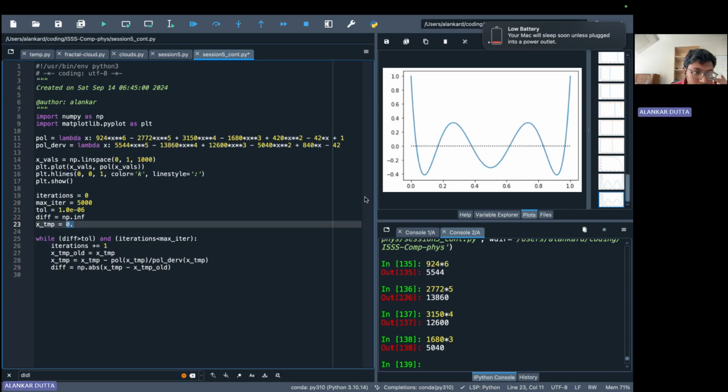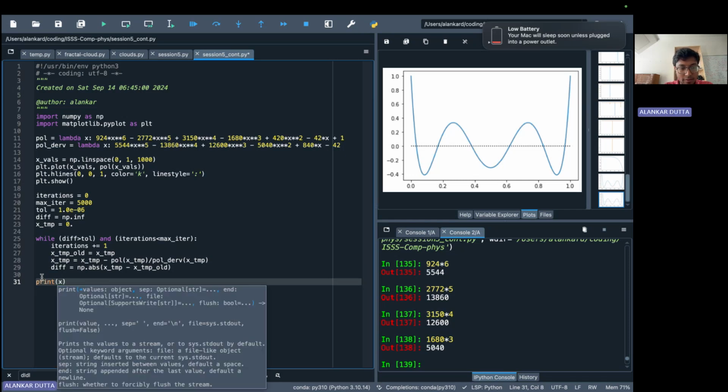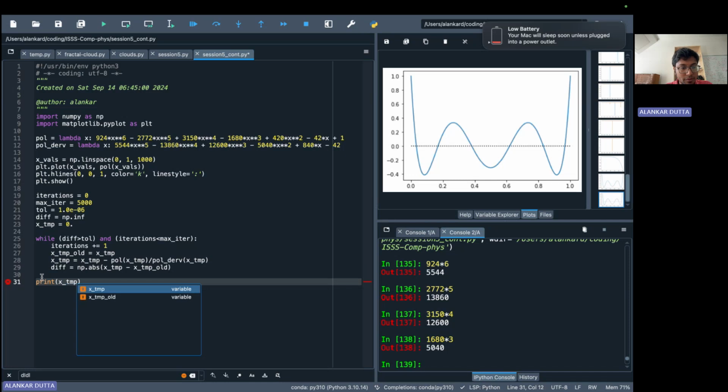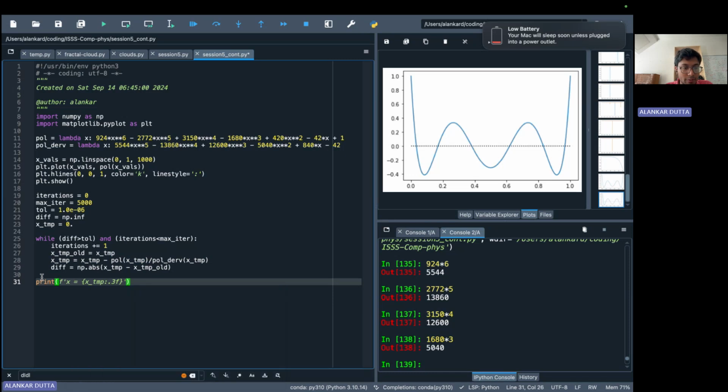And after this, let's print x_tmp, with x equals to 0.3f. Let's make this an f-string.